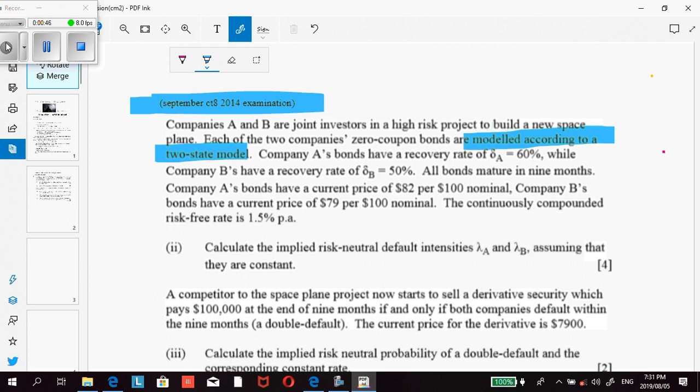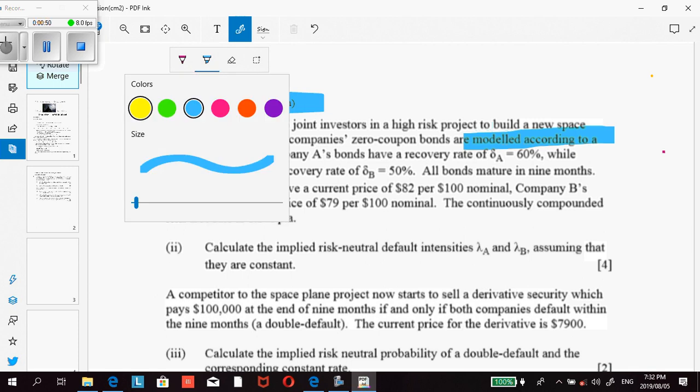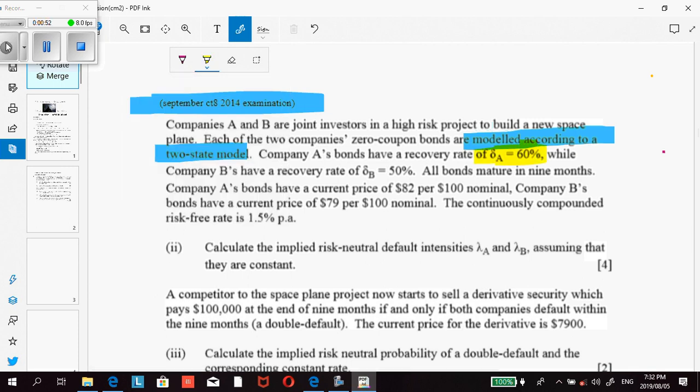Now they say company A's bond has a recovery rate delta of 60%, while company B has a recovery rate of 50%. All bonds mature in 9 months, right?